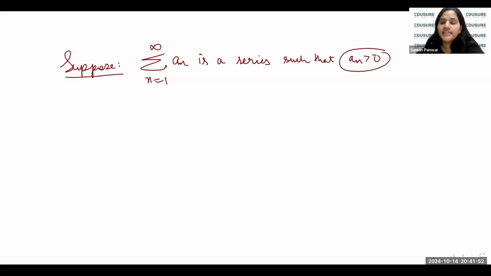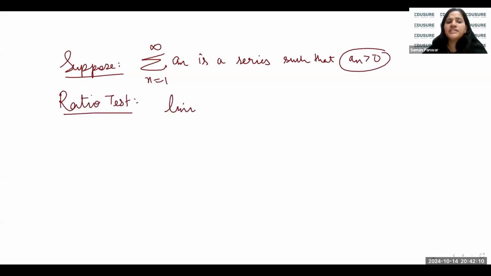There are no terms in the series which are not positive, and it doesn't even have zeros. We will be introducing the ratio test. Let us talk about this limit: limit n tending to infinity a_(n+1) upon a_n.